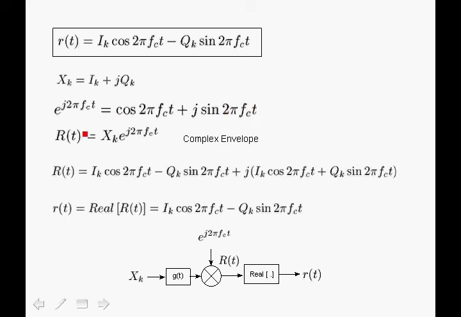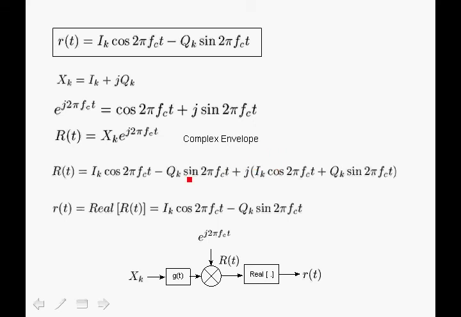Now, we form the signal, which is the complex symbol in the constellation x of k times e to the j2 pi f c t, and we refer to this as the complex envelope, capital R of t. Now let's substitute for x of k and also for e to the j2 pi f c t based on the two expressions here, and then group the real part and the imaginary part.